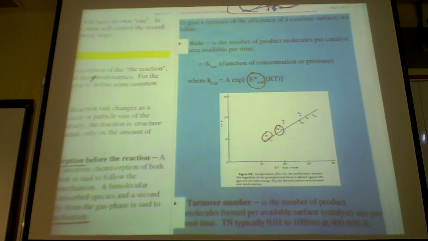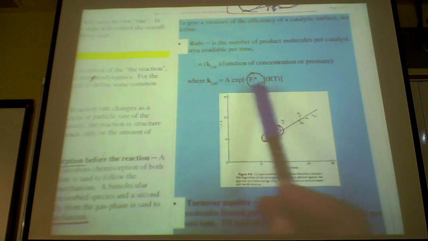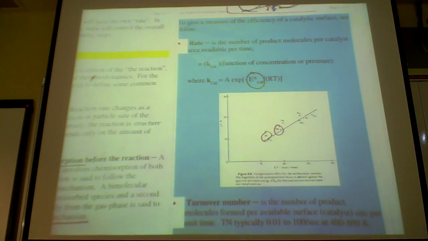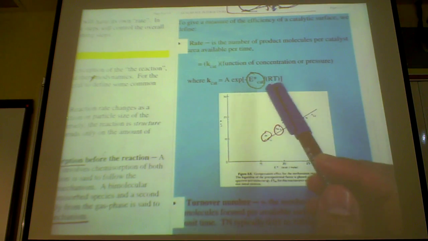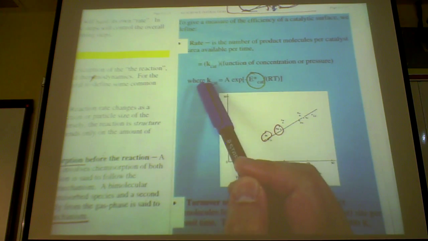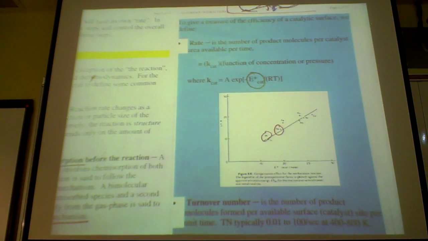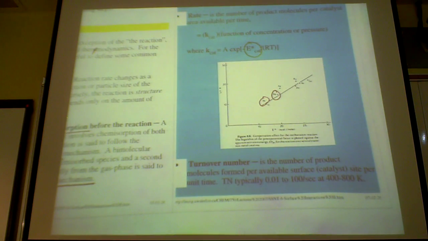This power is of course the order of the reaction, in the same way that we discussed before. And this rate constant follows the Arrhenius equation, and this is where the catalyst comes in. The catalyst provides a different activation energy, E star, and therefore it speeds up this constant. If this is small, you increase the rate constant because you have a negative sign in front here. So the Arrhenius equation tells you right away that you have this type of thing. This is the activation energy for a lot of these catalysts.